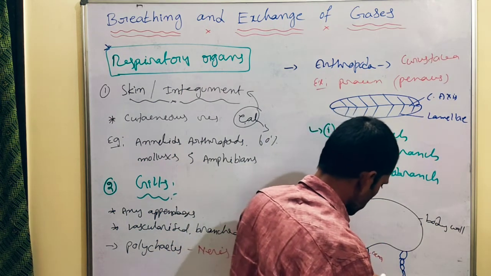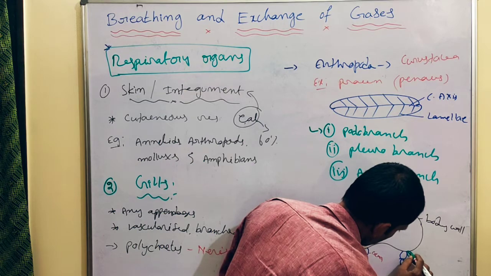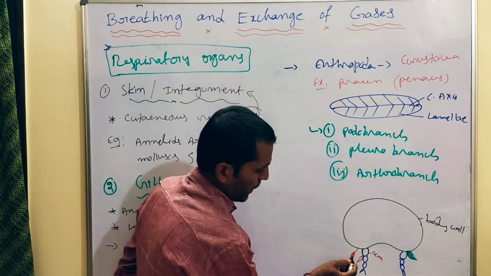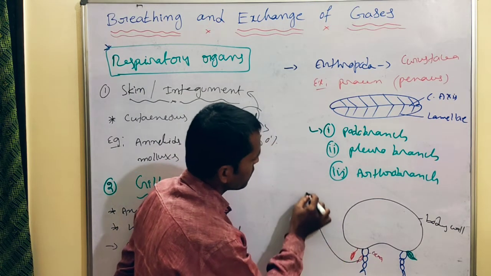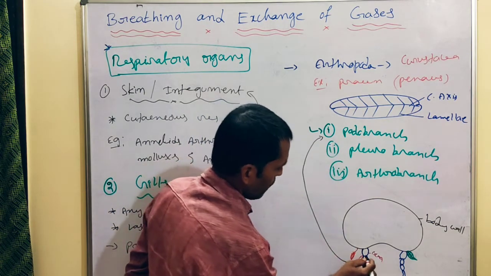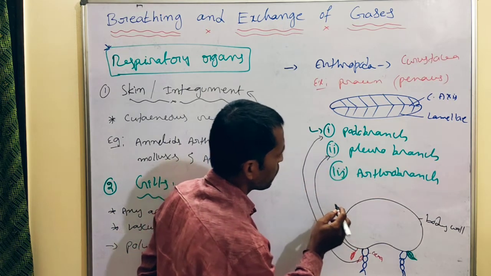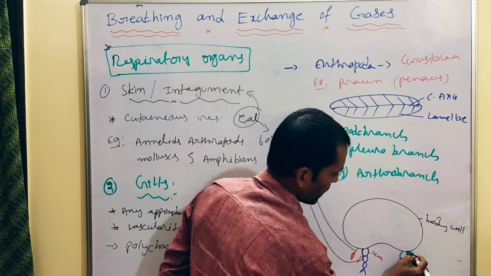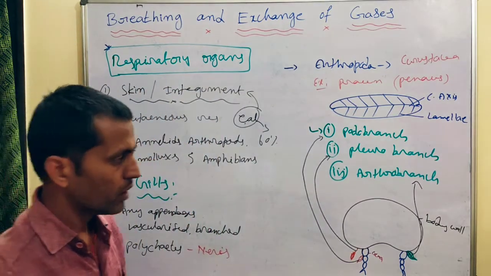Some are attached to the junction of the body wall and the appendage. These leaf-like structures are called gills. When gills are attached to the coxa region, they are called podobranchs. When attached to the body wall, they are called pleurobranchs. When attached to the junction of body wall and appendage, they are called arthrobranchs.